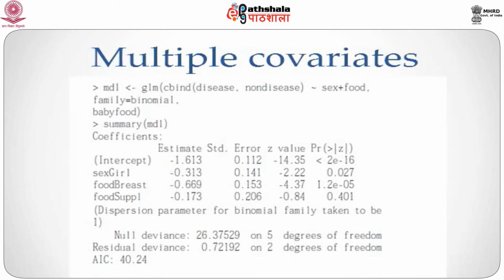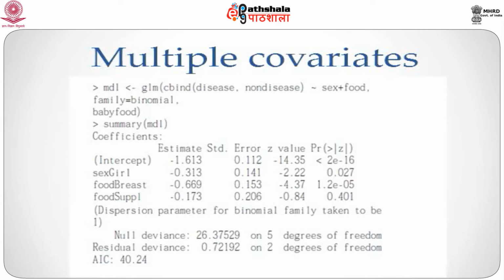In the chunk of code given on this slide, we have again used the GLM function to fit a multiple logistic model, a multiple regression model, and note that the syntax for this is no more complicated than it was for the case when we have a single covariate.